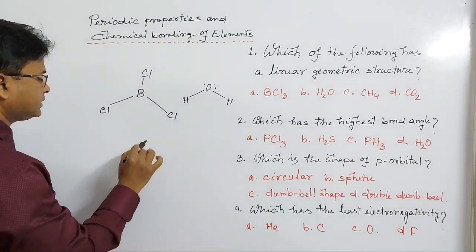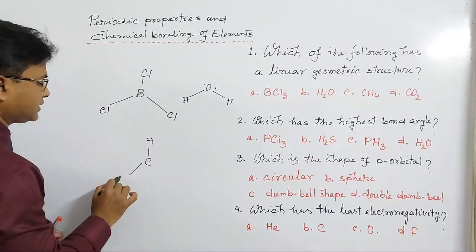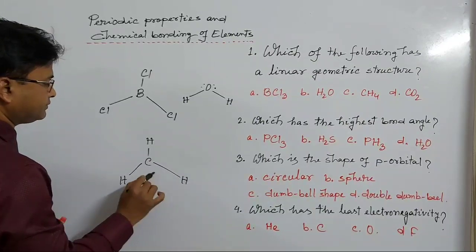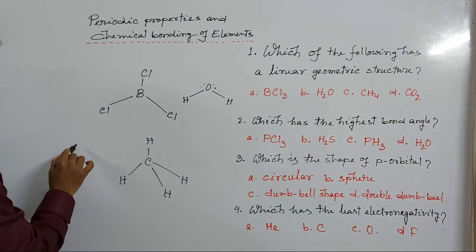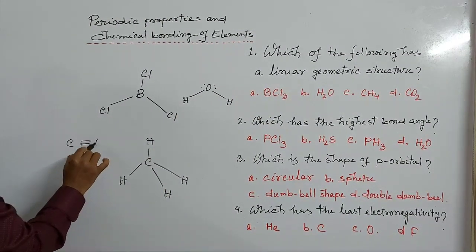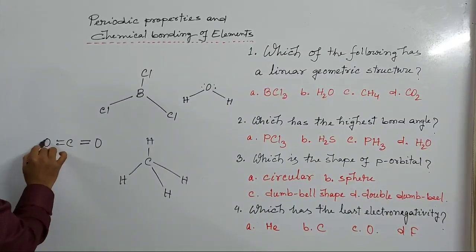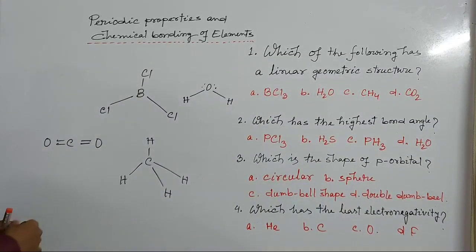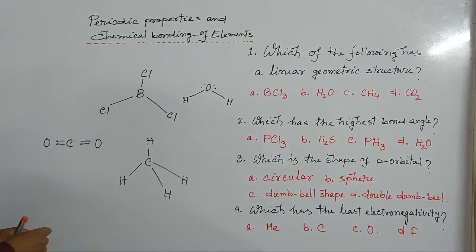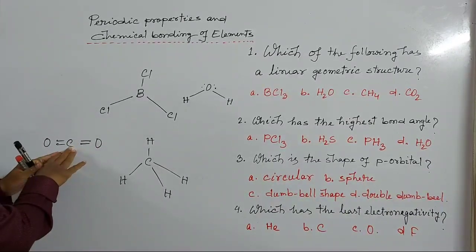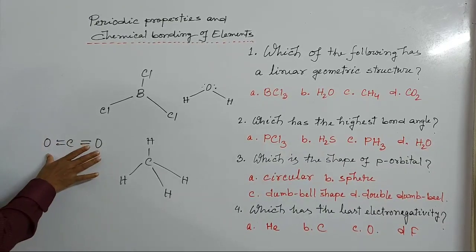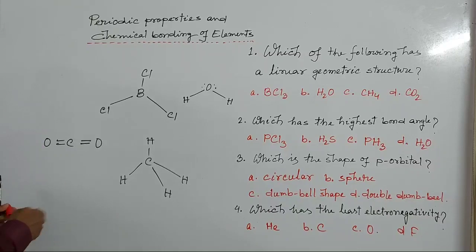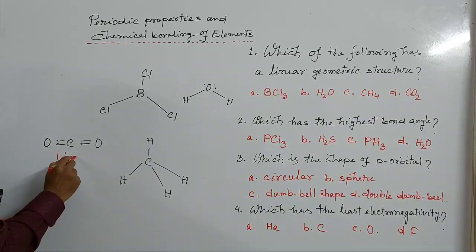All you know that the molecular shape of methane is tetrahedral, and the molecular shape of carbon dioxide is linear. You know that in the structure of carbon dioxide, both of the oxygen atoms are placed at the opposite side to each other, and carbon is at the central point. That's why the molecular shape of carbon dioxide is linear.